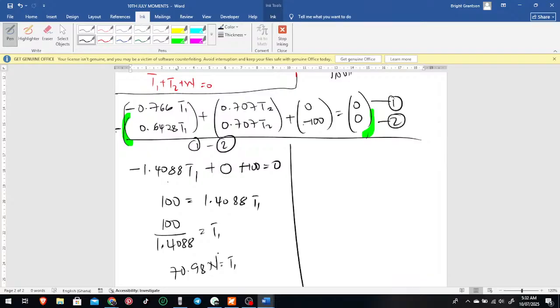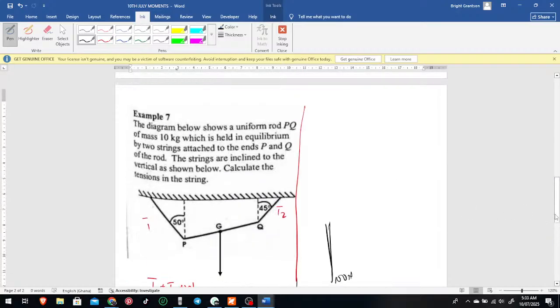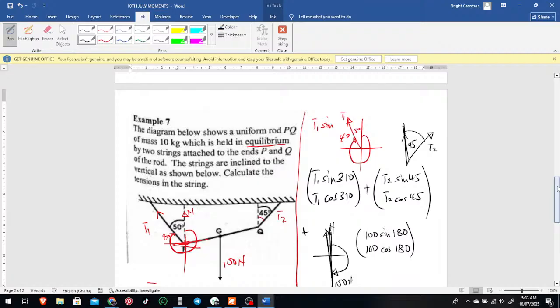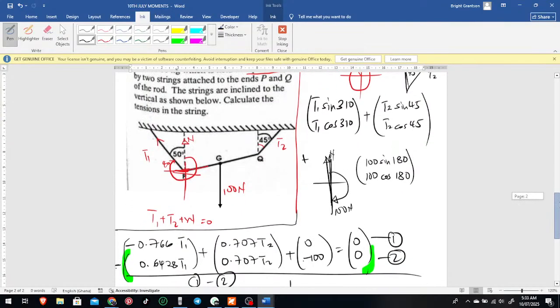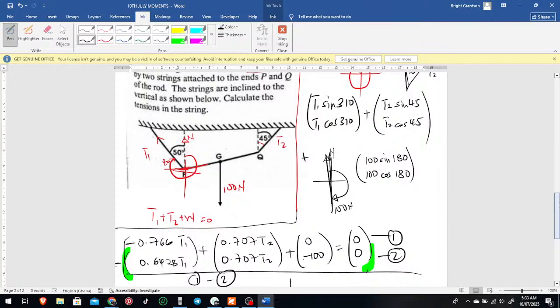So let's go back to the diagram. We are correct. The book made a mistake in the diagram.